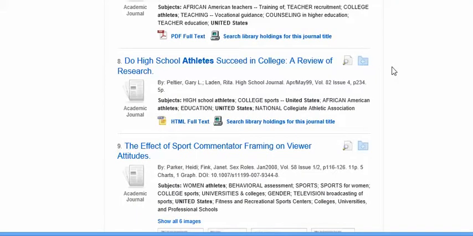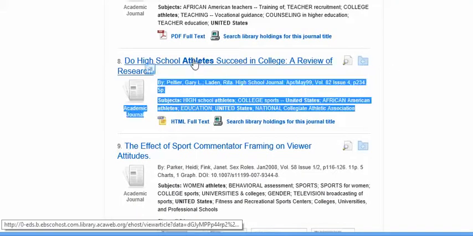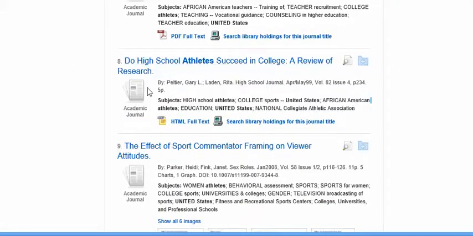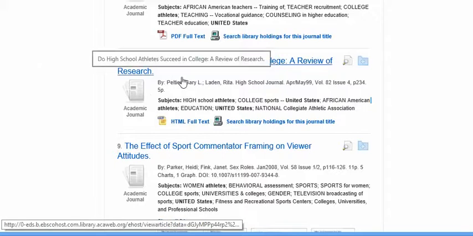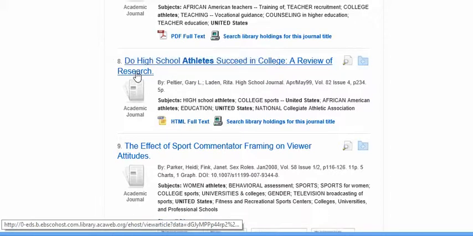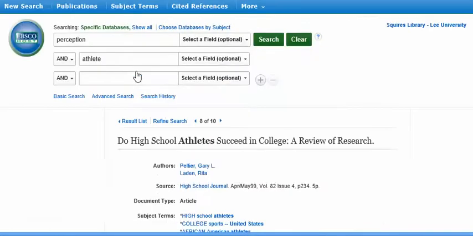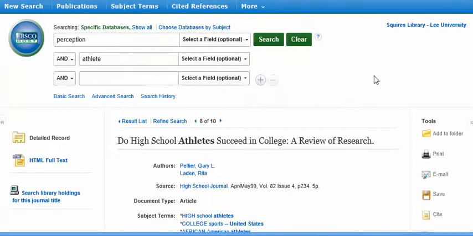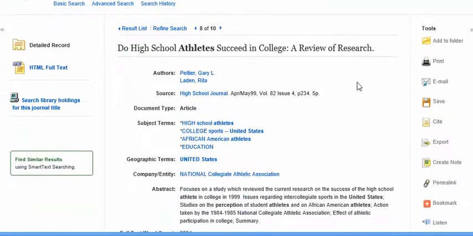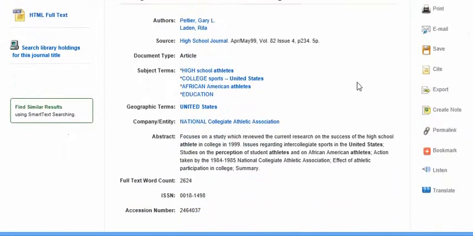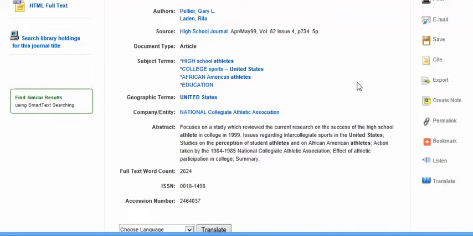And when I came upon this particular article, "Do high school athletes succeed in college?", I thought, okay, this could be interesting because they're going to have to decide some ways to measure success. And so this could give me a lot of possible sources.